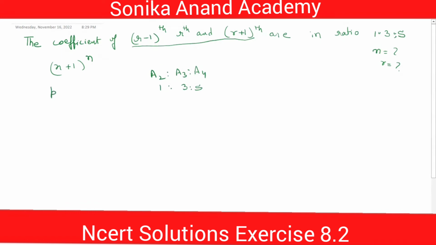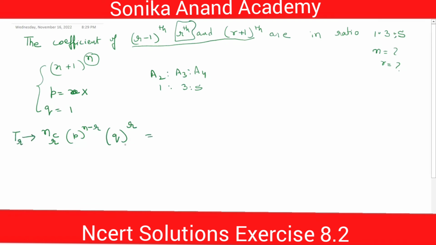Here the value of p is x, the value of q is 1, and it is n from this expansion. Now the general formula is nCr p^(n minus r) q^r.